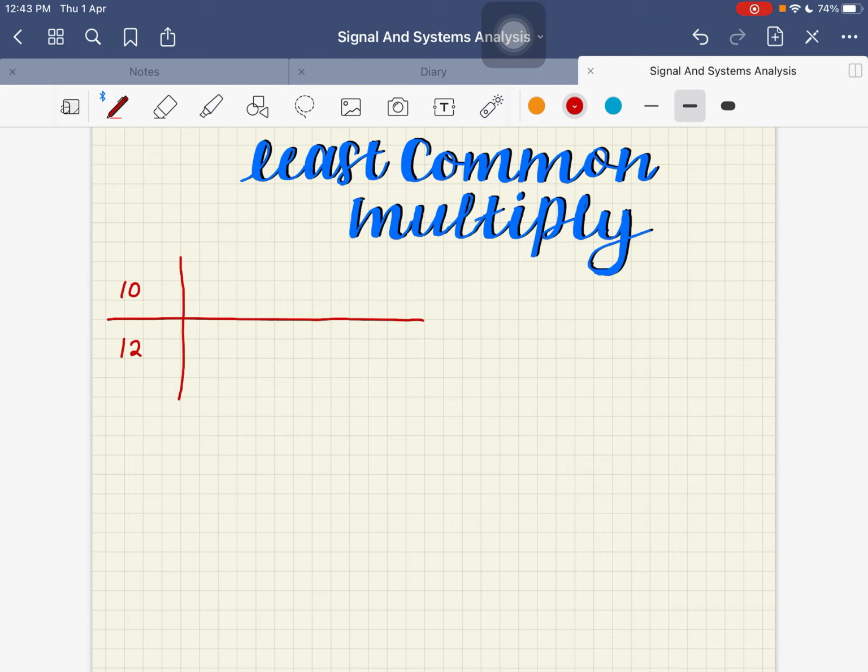Okay, so let's say for example in this case I have two numbers, 10 and 12, and I want to calculate the least common multiple for these two numbers. The method that I'm going to explain here is the method that I take from the signal and system analysis textbook. I believe there are other methods that you can use to solve for the least common multiple, so you can use whichever method you feel comfortable with.